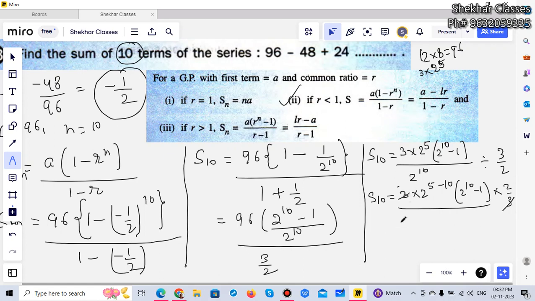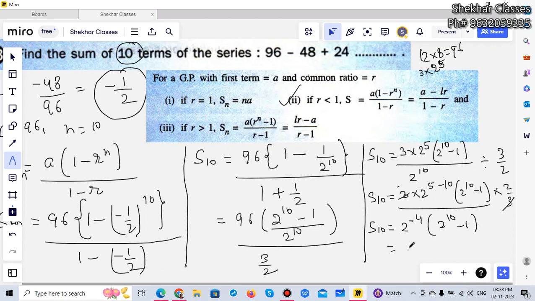So this 3 got cancelled. So S10 is equal to 2 to the power minus 5 plus 1, so minus 4, times 2 to the power 10 minus 1.